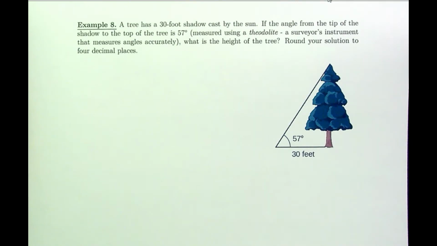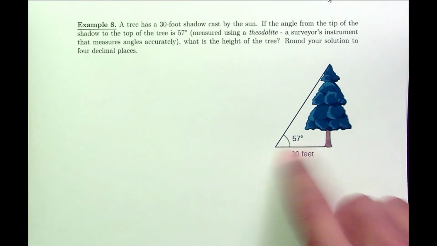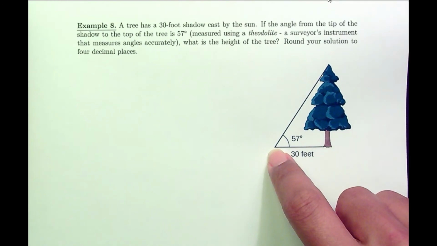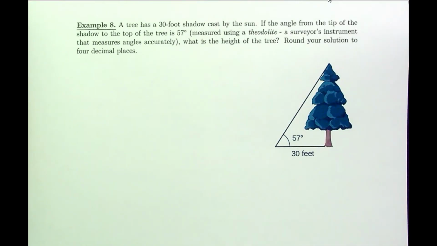If the angle from the very tip of the shadow to the tippy top of the tree is 57 degrees, and that angle can be measured with an appropriate instrument.